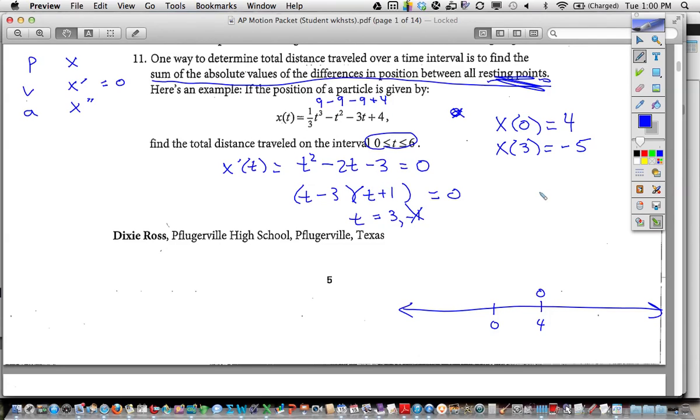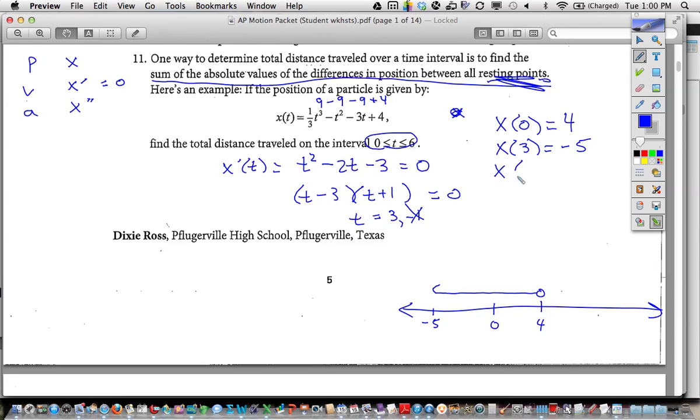So what's that mean? We went backwards. So we went back to here, right? And then he's going to stop, assuming he's going to turn around, but maybe he won't turn around. Maybe he'll stop and keep going the other way, right? But he's going to stop right there, and that would be at t equals 3. Okay, then what?